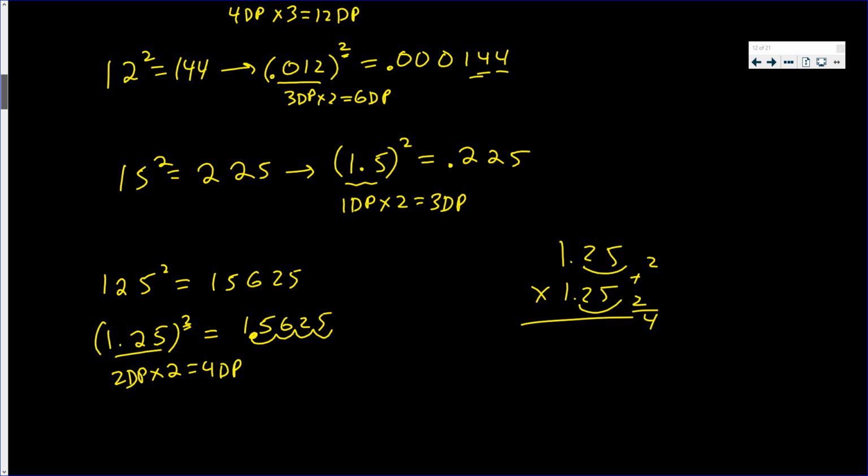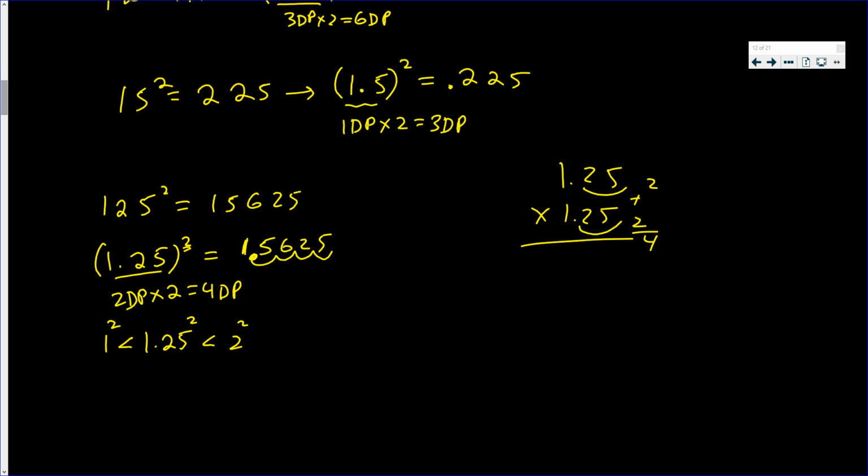Well, of course it's more than 1. 1.25 is bigger than 1 and less than 2. Well, if I square everything, the order stays the same. 1 squared is still less than 1.25 squared, and 1.25 squared is less than 4, which is 2 squared. So this number is between 1 and 4.